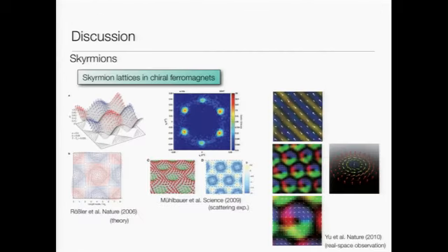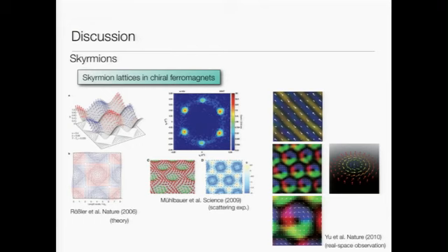Yeah, and skyrmions are found also in diverse condensed matter systems, including, say, two-dimensional electron gases or some kinds of Bose-Einstein condensates. But particular attention has been paid to the formation of skyrmion lattices in chiral ferromagnets.